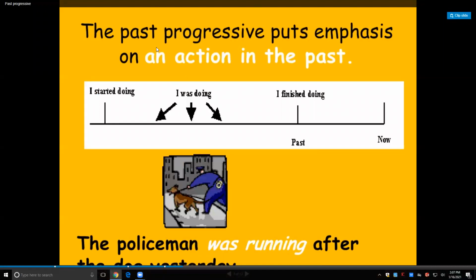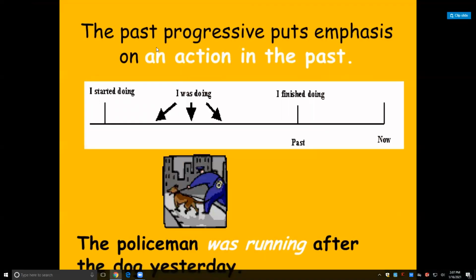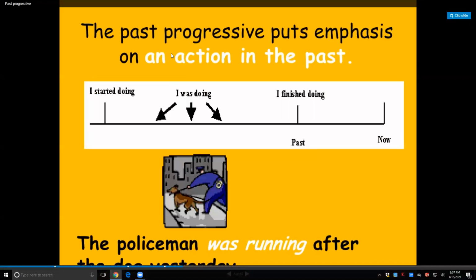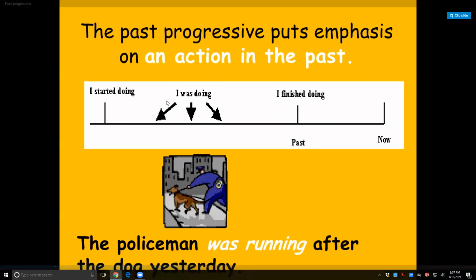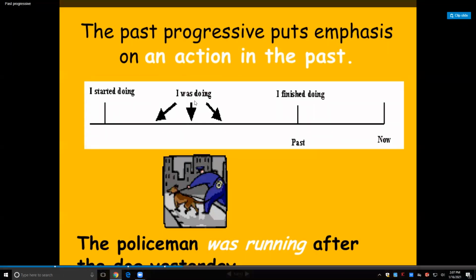So the past progressive puts emphasis on an action in the past. I started doing something, I was doing it, and I finished doing it. These three elements are important for past progressive tense.